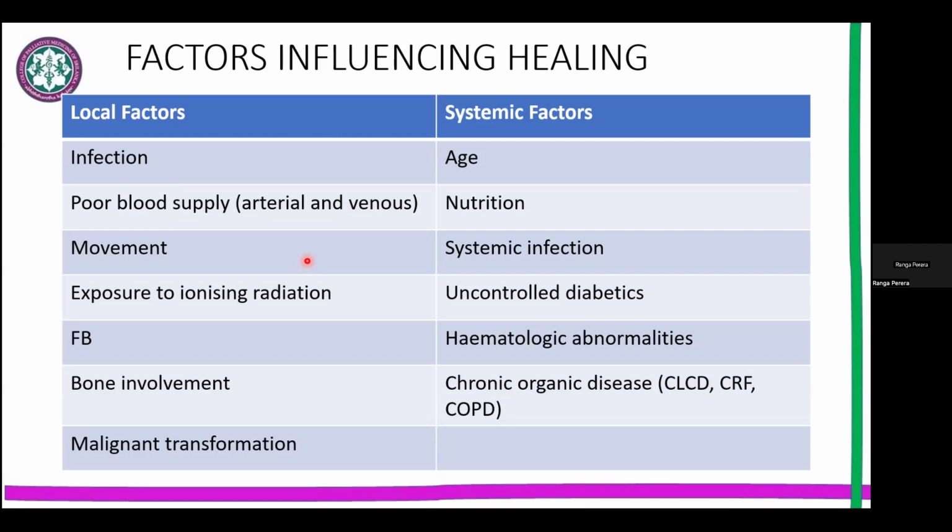Nutrition: a good balanced nutrition is completely needed for wound healing, especially protein and calories, and we need vitamin C, vitamin A, zinc, and selenium kind of minerals, which are especially required for wound healing.